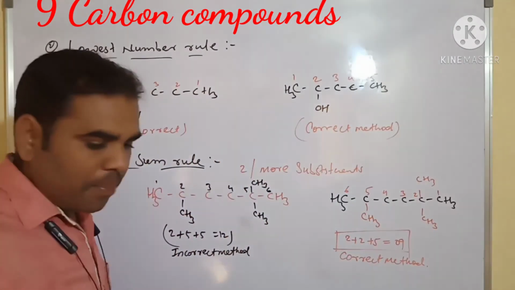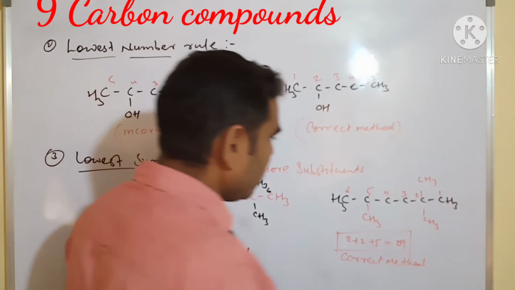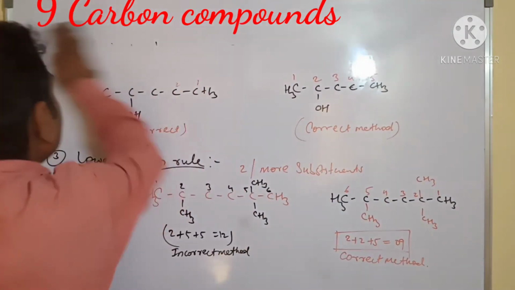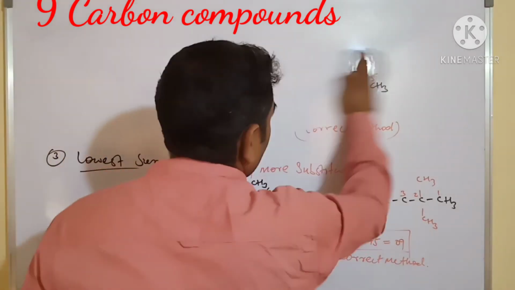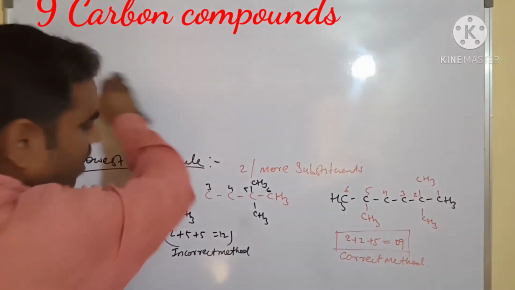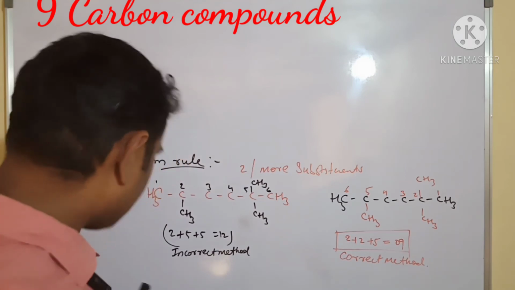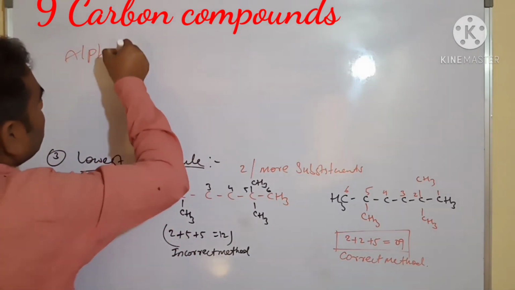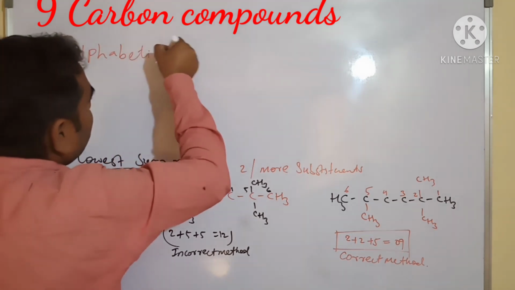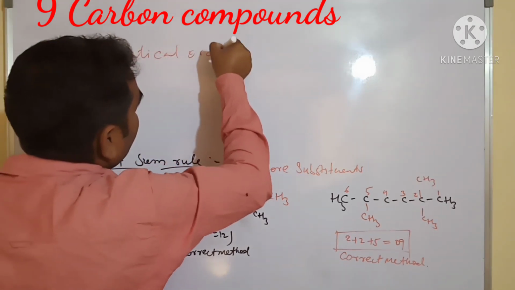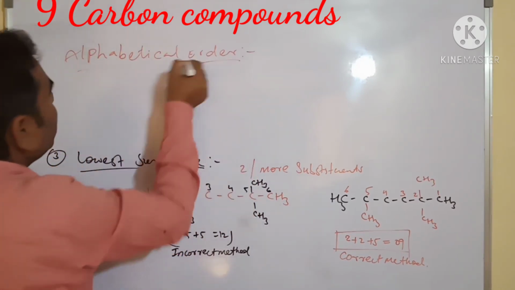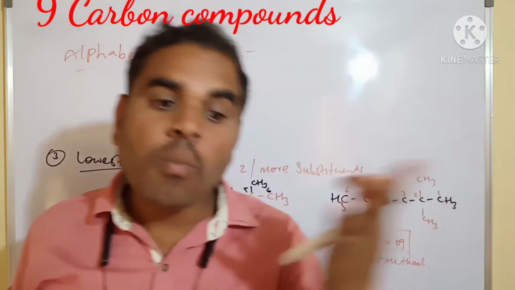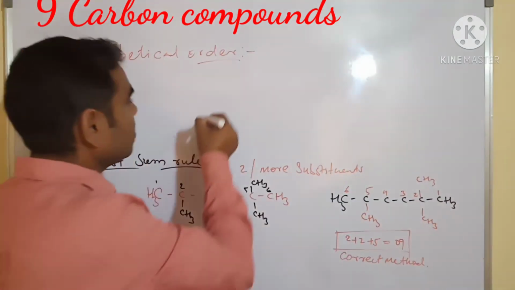For example, we will take one example here, alphabetical order. If 2 or more different groups are there, for example this one.